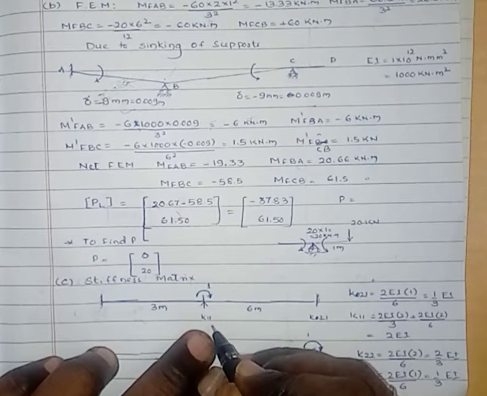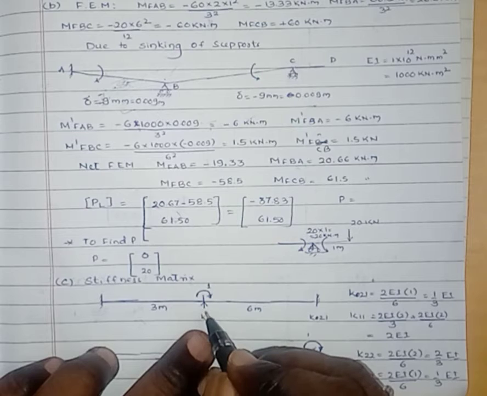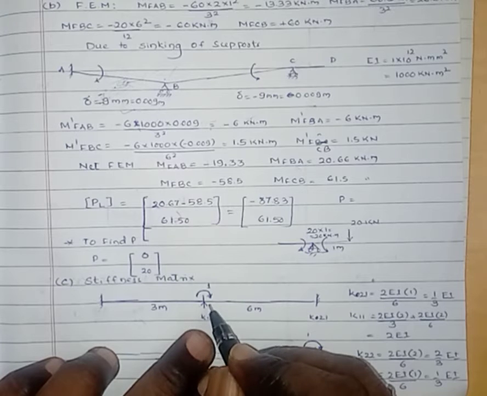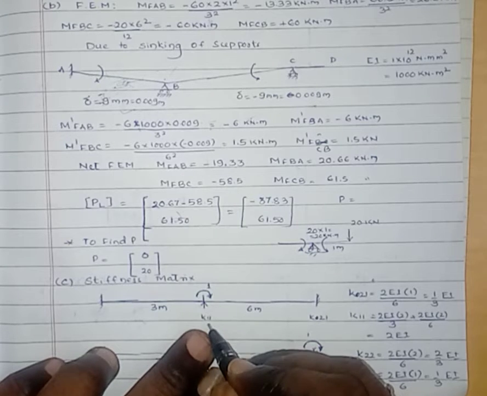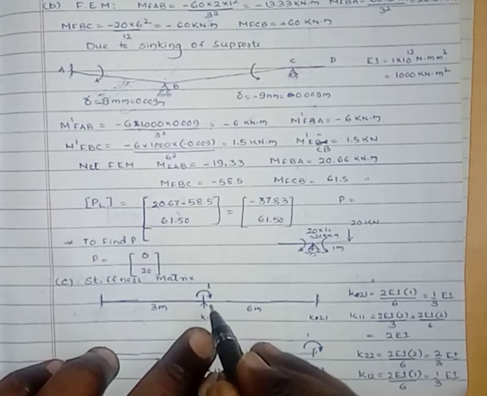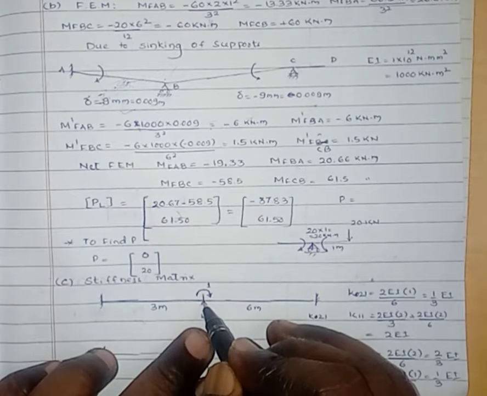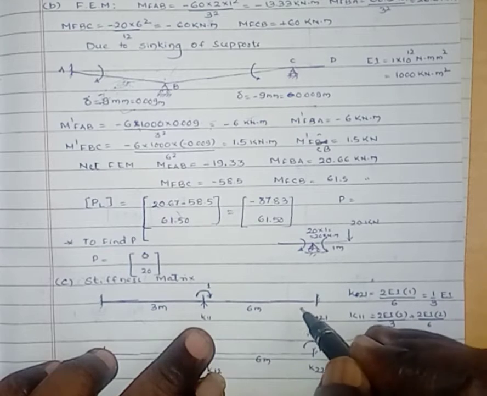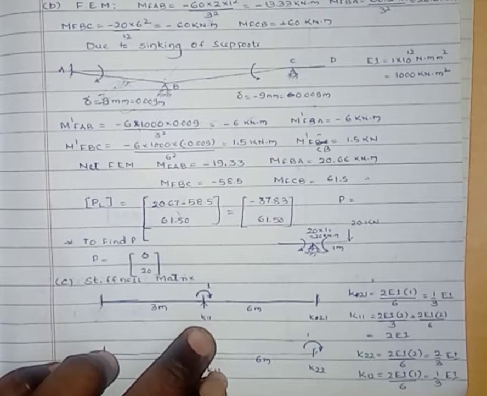Here K11 is the stiffness element. We have applied the unit rotation at 1, and the stiffness value at 1 due to rotation applied at 1 is K11. Here there are two spans, B to A and B to C. Hence we have to consider both the spans.